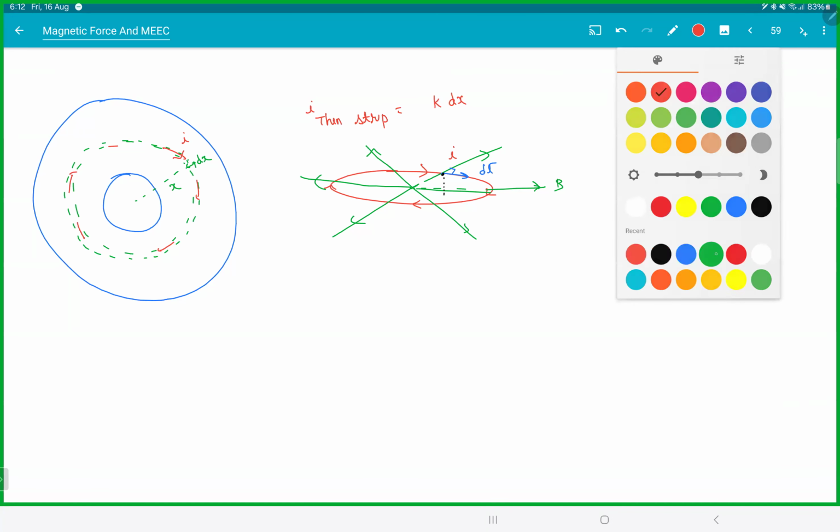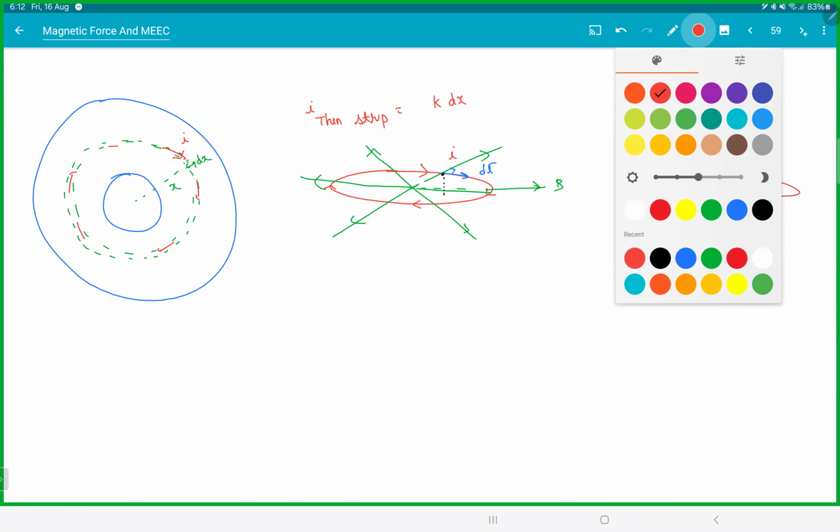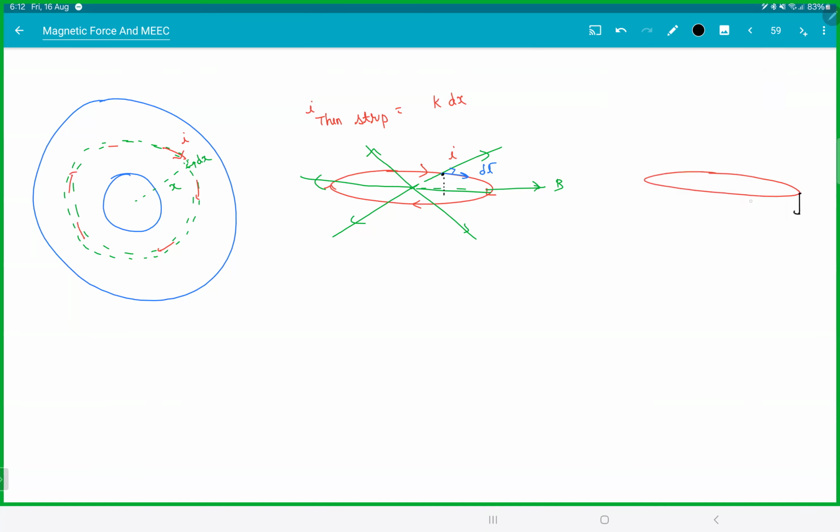So on this entire ring, the forces would be upward. So at every point, the force would be upward.